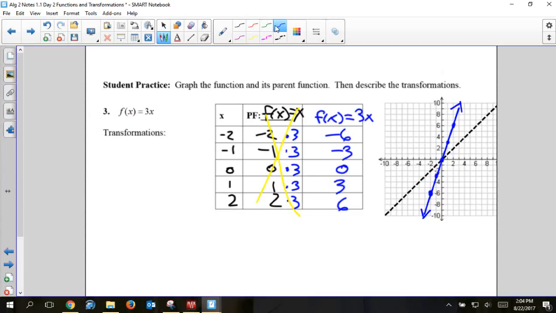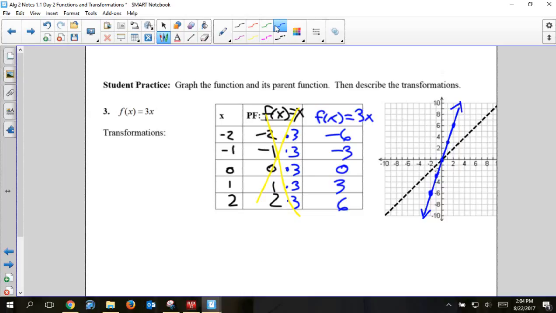So we're multiplying by 3. If it's a multiplication, it's either going to be a stretch or a shrink. Which one is this going to be? Shay, do you know what kind it's going to be? Stretch or shrink? Why is it stretch? You're right. It is multiplied, so that tells me it's a stretch or a shrink.